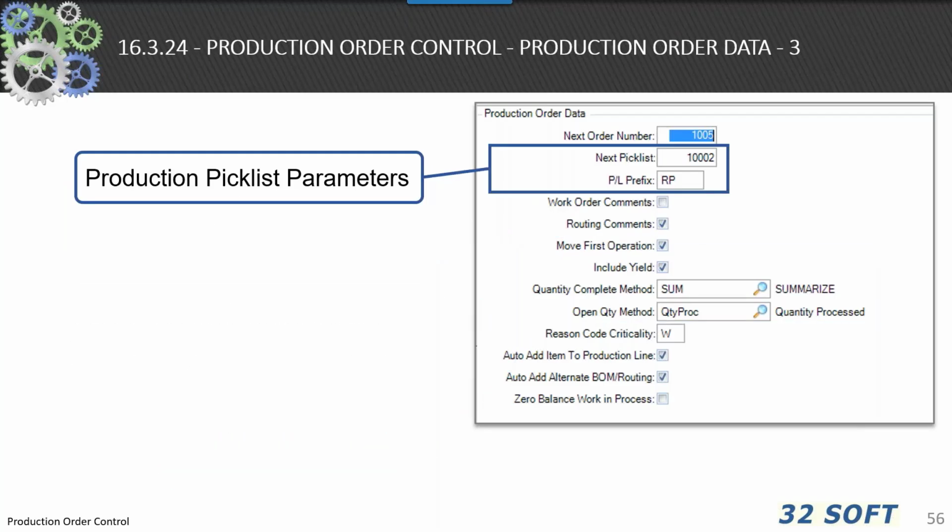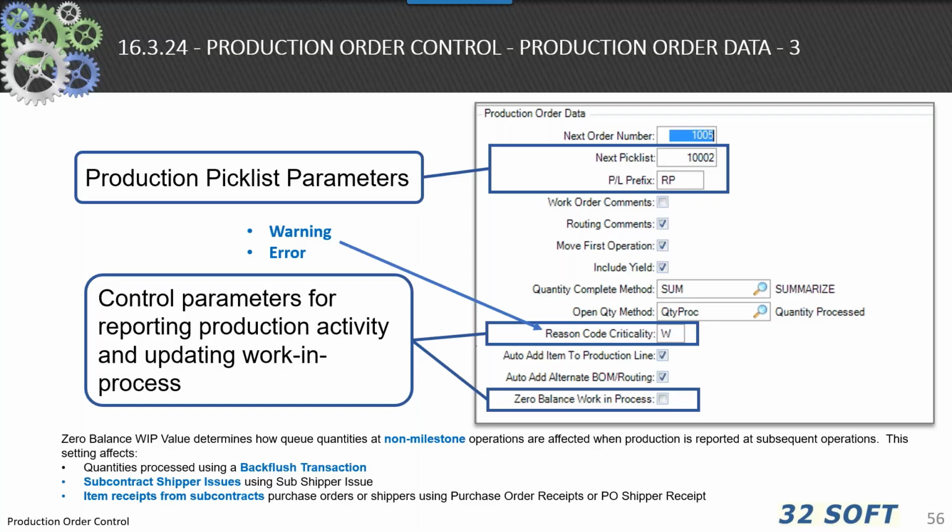There are pick list parameters, do whatever pick list sequence you want. There are control parameters for recording repetitive. There's a reason code criticality. There's zero process, which tells the system how you're going to treat backflush and previous operations and subcontract shipping requirements.